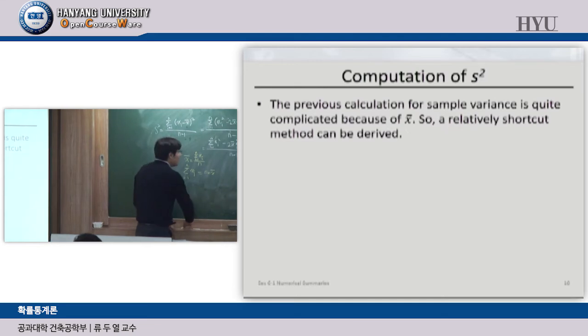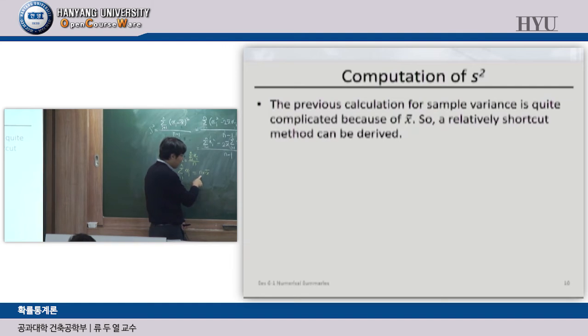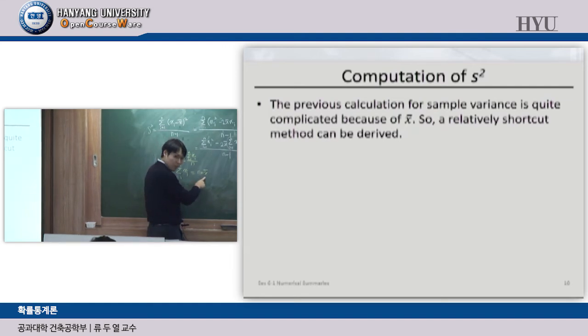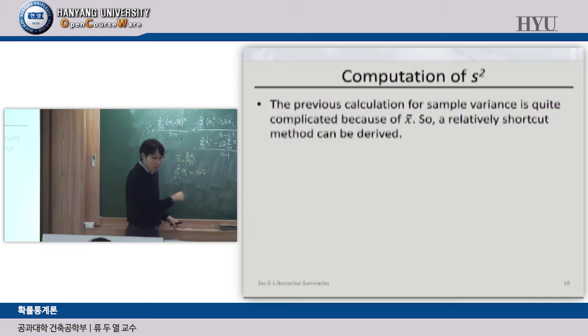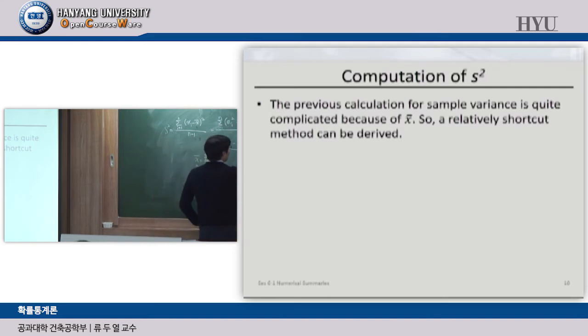So this can be substituted with n times x bar. Right? Because the summation of xi is equal to n over n multiplied by x bar, so this is equal to n times x bar.